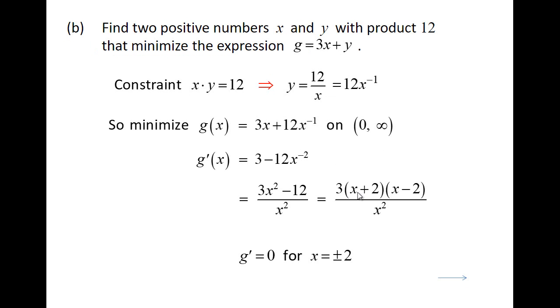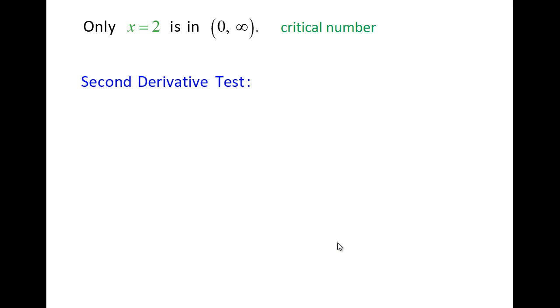So notice that even though we got 2 of them, negative 2 is not in the domain. So we discard the negative 2. Then we have only one critical point between 0 and infinity, and that's 2. So now let's figure out whether the function is concave up or down at 2, by using the second derivative test.